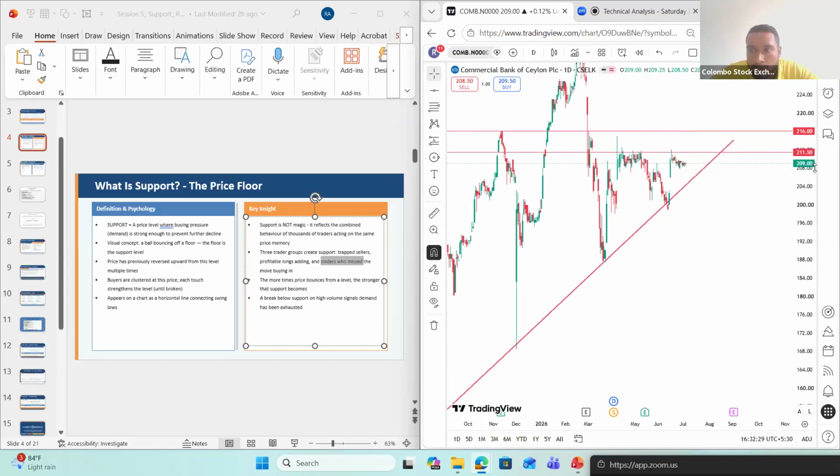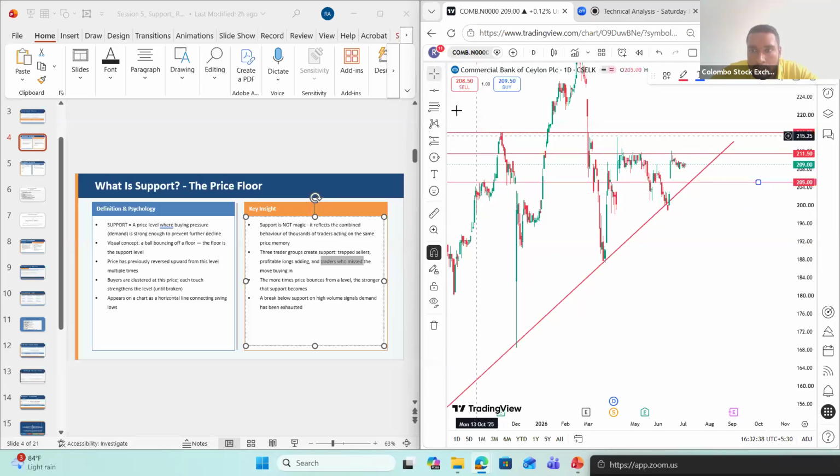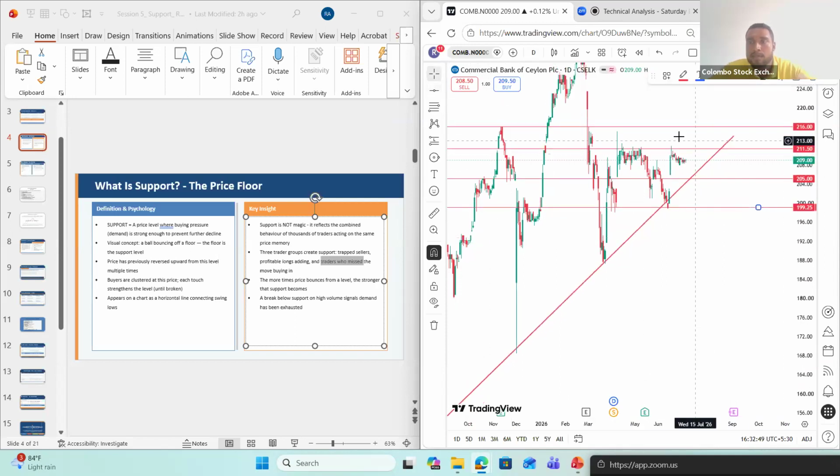So what's the next support? The next support can be this level. Here there's a support. Here also there's a support. These I have marked here are called horizontal supports. This is a trend line support.